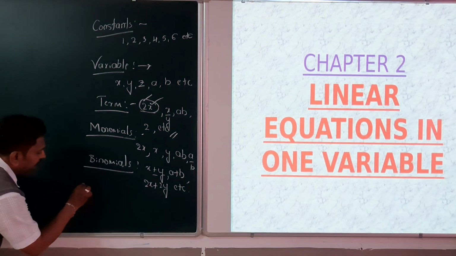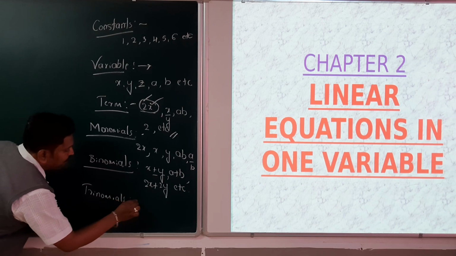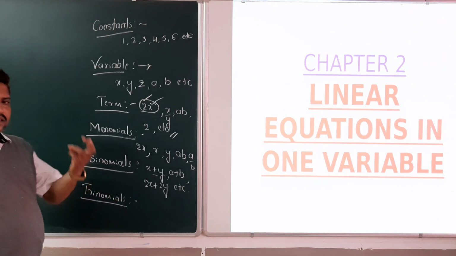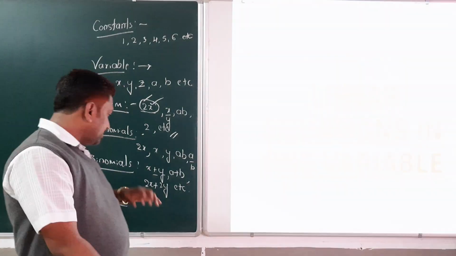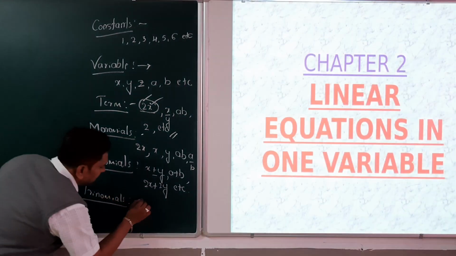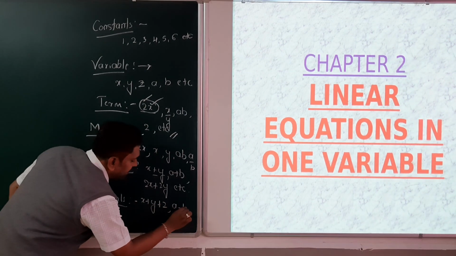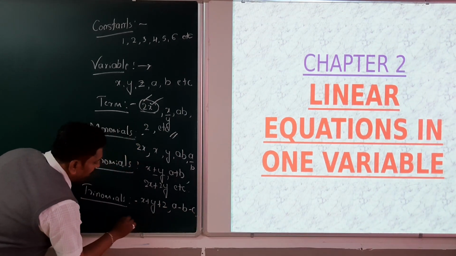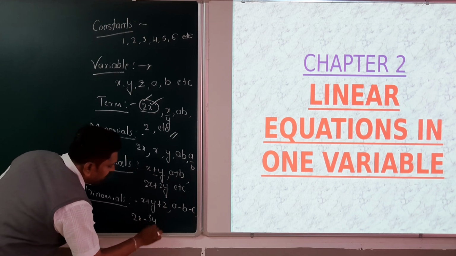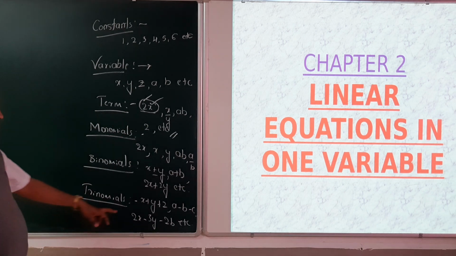And the third one, trinomials. What are trinomials? Tri means three terms. An expression which contains three terms is called a trinomial. Example: x plus y plus z, or a minus b minus c, or 2x minus 3y minus 2b, etc. Three terms here.